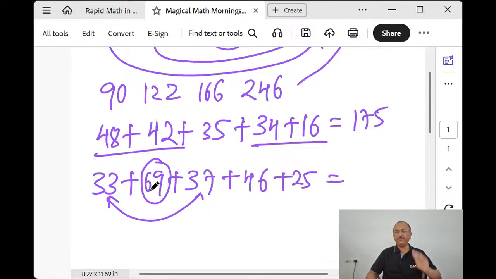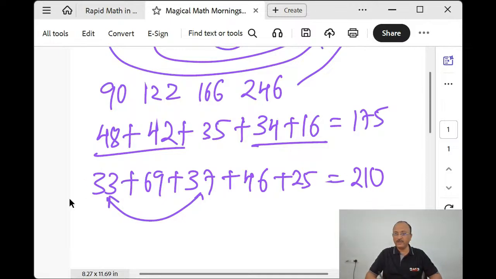You remember the method when the numbers end with 9 or 8, which is close to the tens. What we'll do? We'll just add 70 and subtract 1. Correct, no? 70, 140 minus 1 is 139 I will take. Then I'll go for this 139, 40, 179, 185, 20 is 205, so I will write 210.